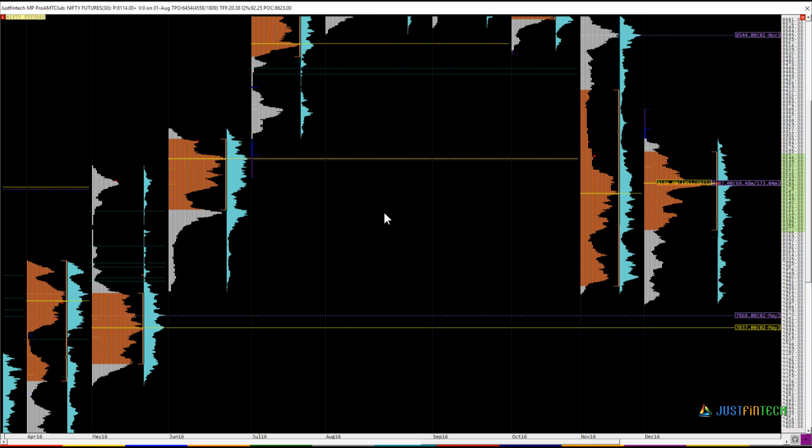Now, I am not a fan of time based profiles, especially when we go into week, month, and year, because you might not always get balances or a P shape or a B shape when you constrain the auction with a particular time, because the two-way auction process keeps on continuing till it finds an opposite force to end and begin to auction on the opposite side.